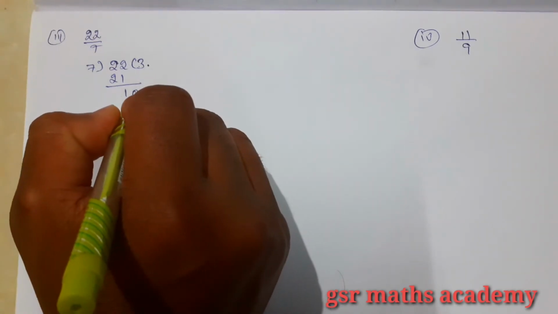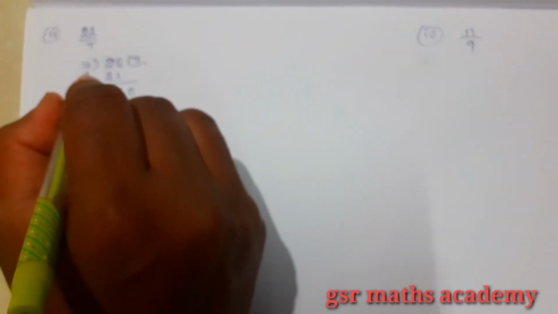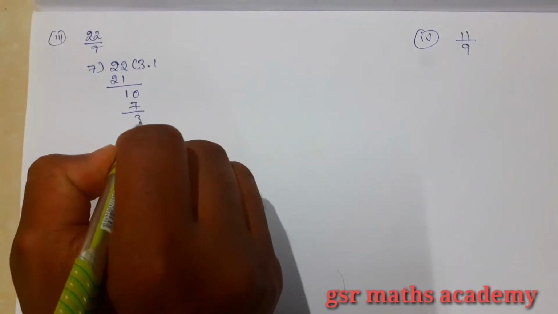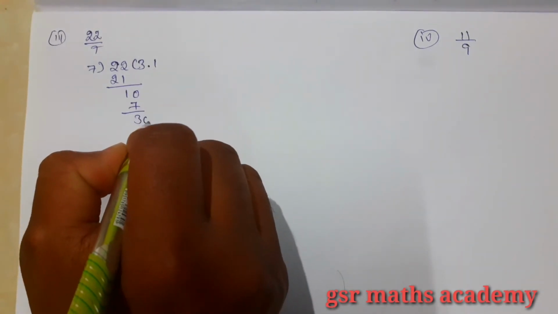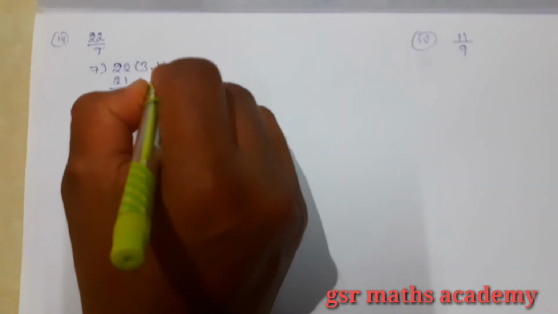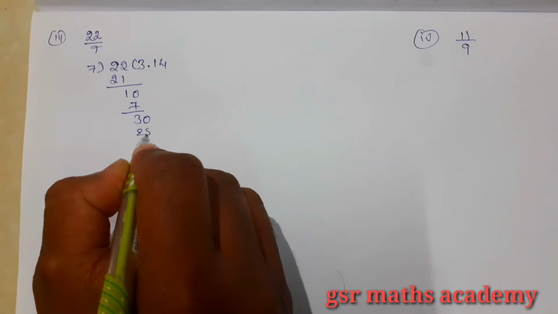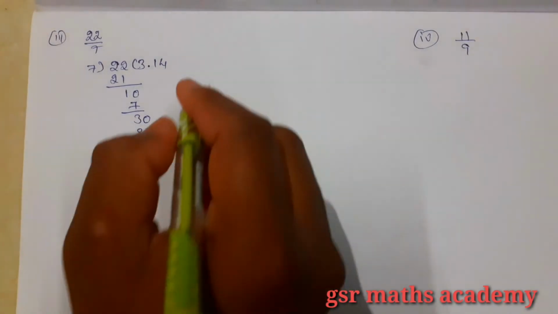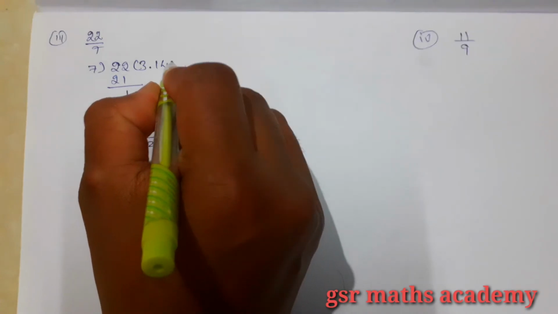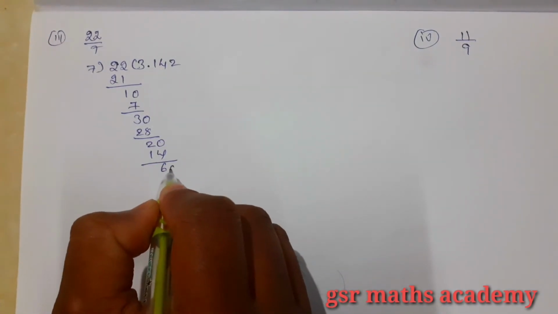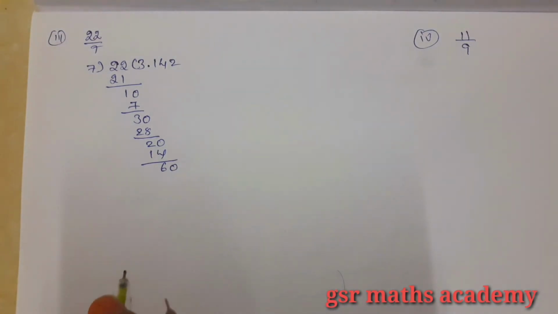Now we can subtract only one 7 from the 10. So 7 ones are 7, and subtracting this you get 3. Now on taking 0 here, it becomes 30. 7 fours are 28, and subtracting this you are left with 2. Again take 0. Now 7 twos are 14, and subtracting this you get 6, and take 0 here. Now it becomes 60.